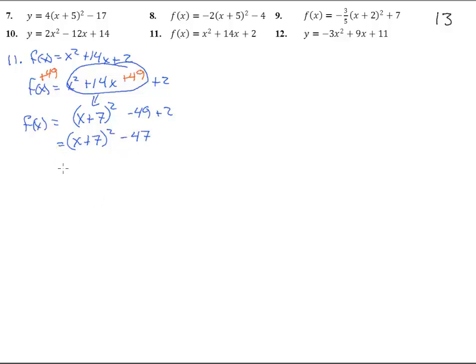So in this form, that means we had the nice little x squared get moved backwards 7 and down 47, no stretching going on at all. So we are way down here.